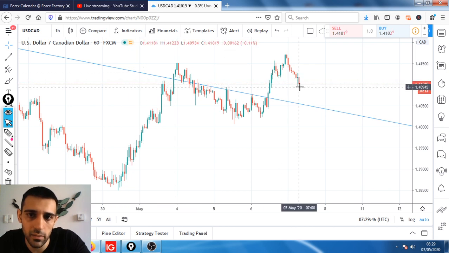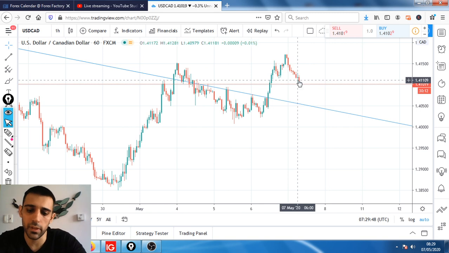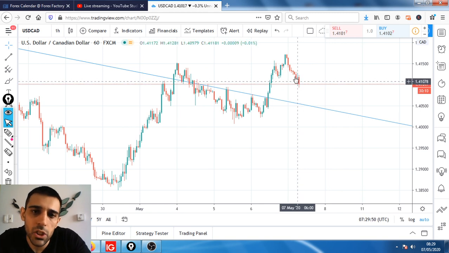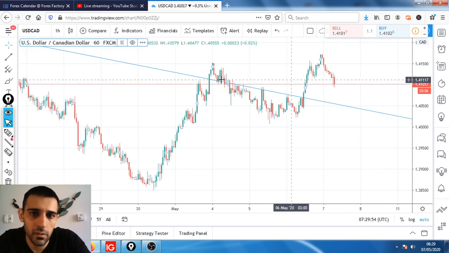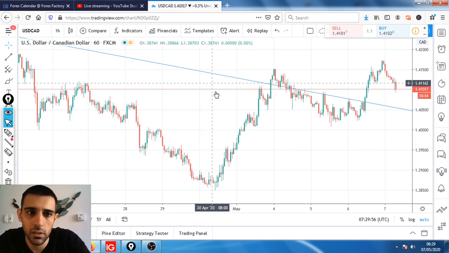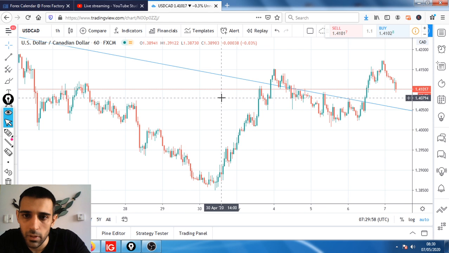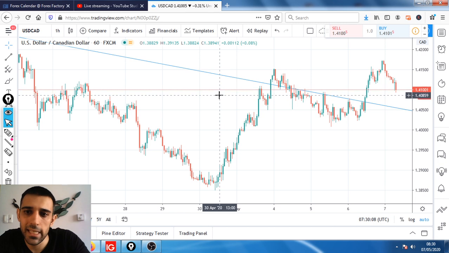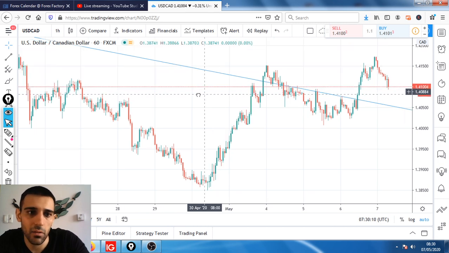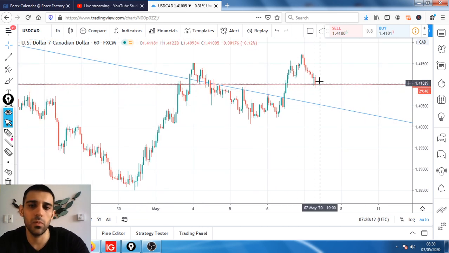It tested on the last hour, we put in the doji candle, but the price is still pushing lower, so that makes me question a bit where the price is going. The next support down is around 140.85 or 87 roughly, we do have that support zone.